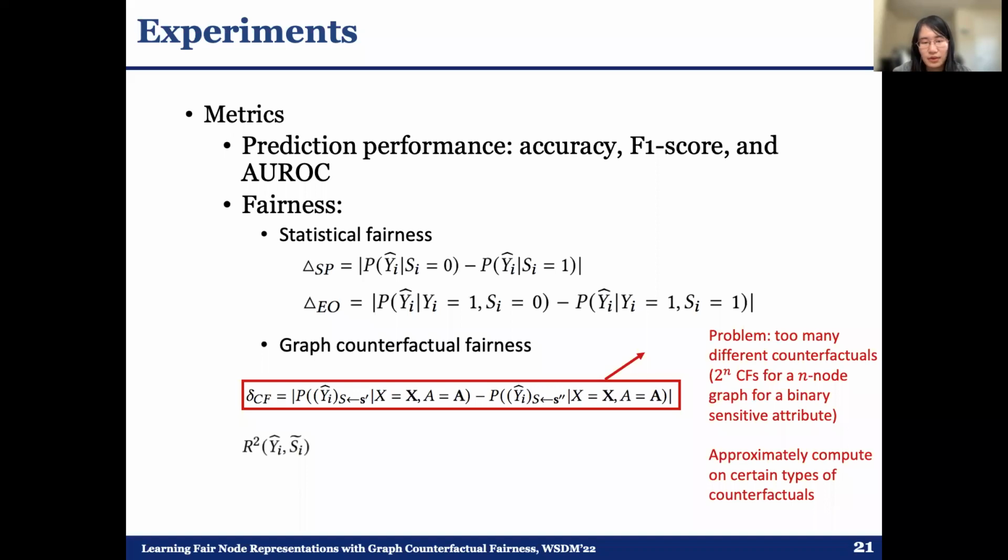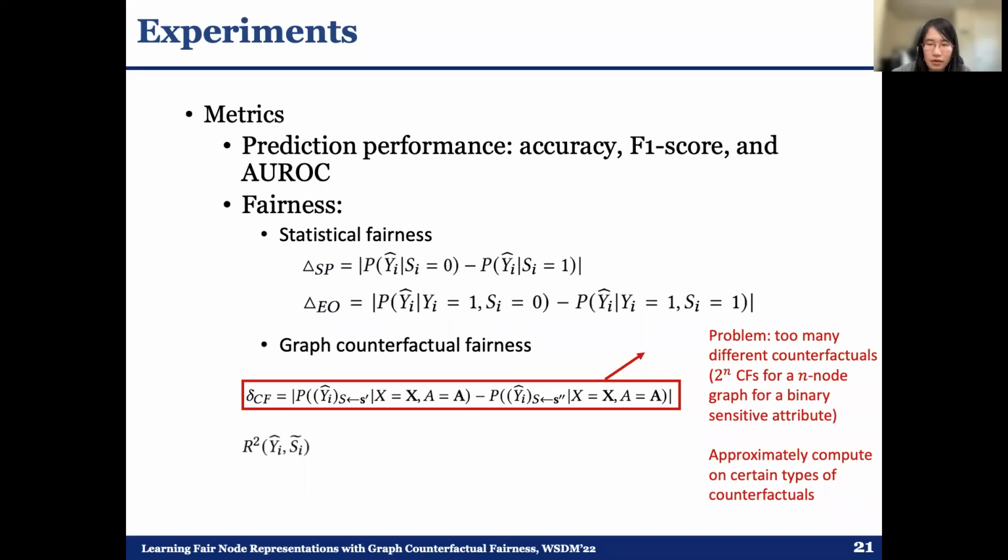More specifically, we use a sampling process to generate counterfactuals with randomly perturbed certain percent of nodes, and we do an average over all these different perturbations.